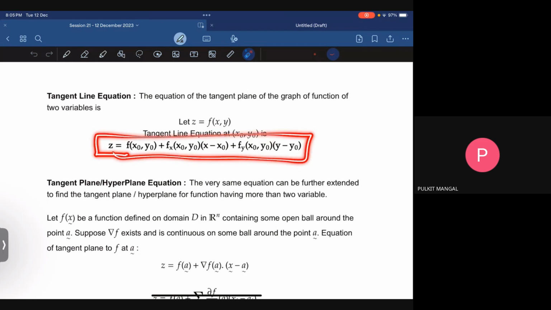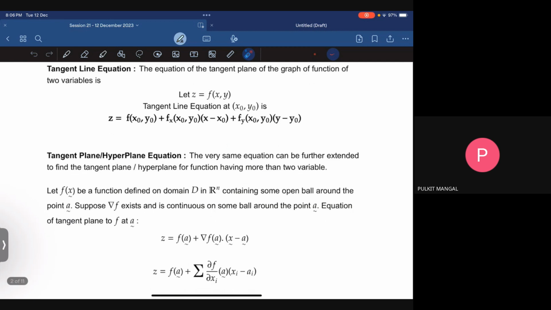this formula: f of x naught comma y naught. That means the value of my function at the point, plus fx at x naught comma y naught, the partial derivative with respect to x at this point, taking the dot product with x minus x naught, and plus the same thing with the second variable y.